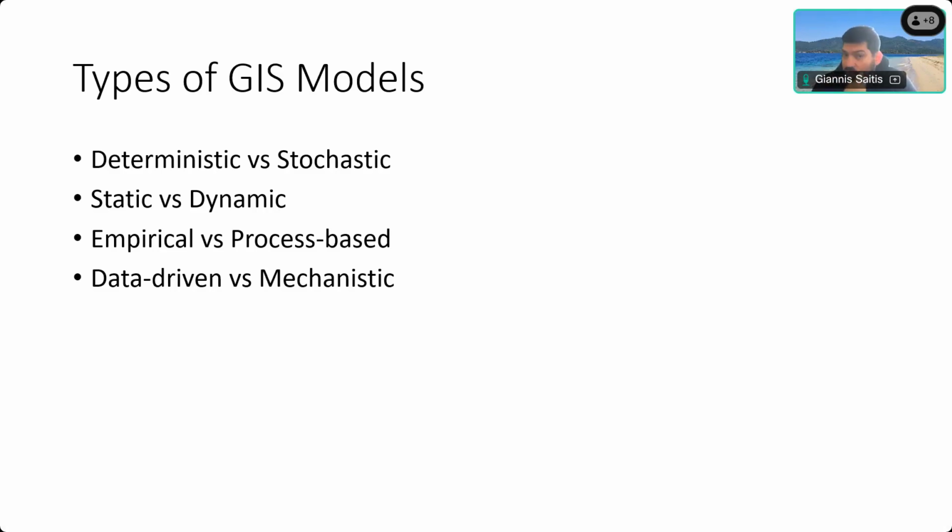And if I also make some assumptions of changes in other conditions, except the natural laws, then from process-based that went to dynamic, I can also combine with stochastic. And if I provide all of this to a machine learning system, then the final model could be empirical.